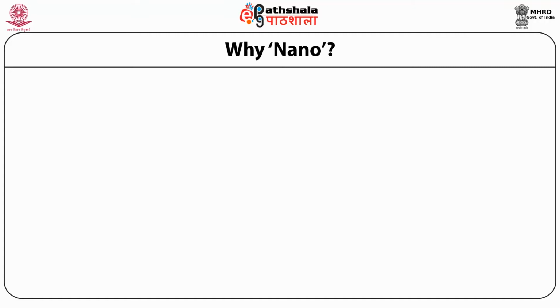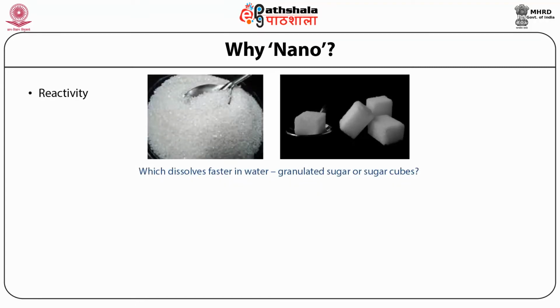Now, these are some of the examples which have been shown over here. First is the reactivity. As you can see, there are two forms of sugar. First is the granulated sugar and the second one is the sugar cubes. Which one dissolves faster in water? Obviously, the answer is the granulated sugar.